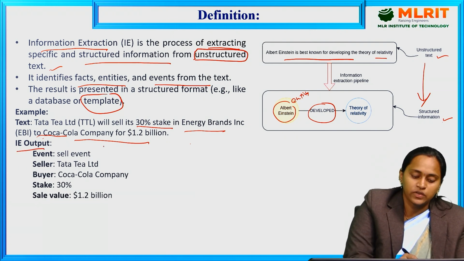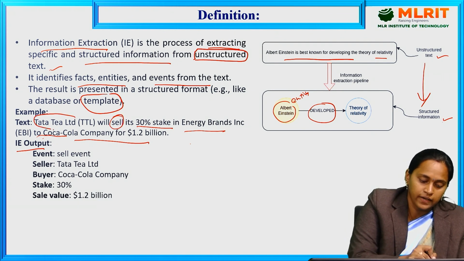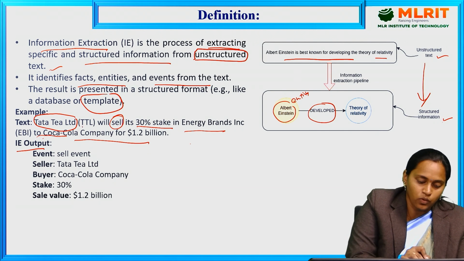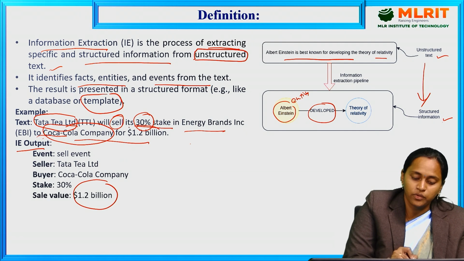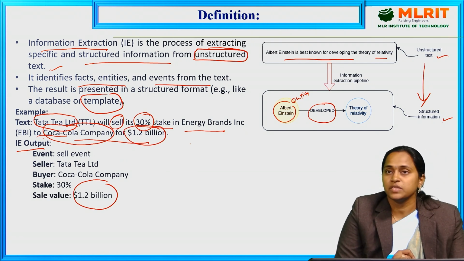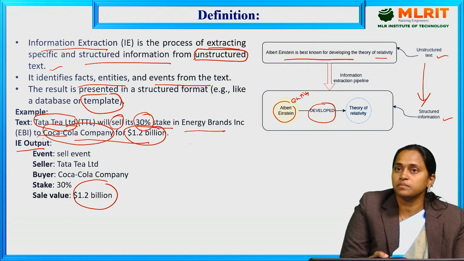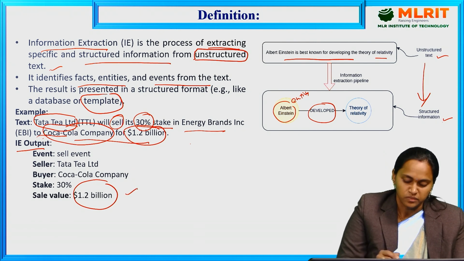What is the event? Selling. Who is the seller? Tata Tea Ltd is the seller. The buyer is Coca-Cola Company. The stake is 30%, and the sale value is 1.2 billion. This information we get from the system. This is a simple example of exactly what information extraction does.